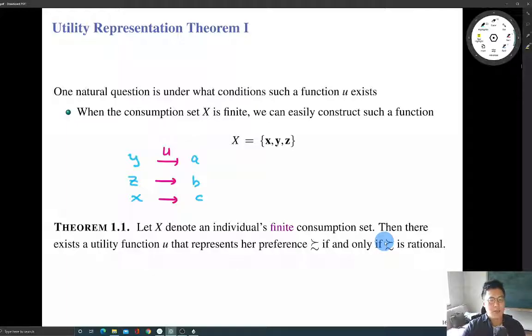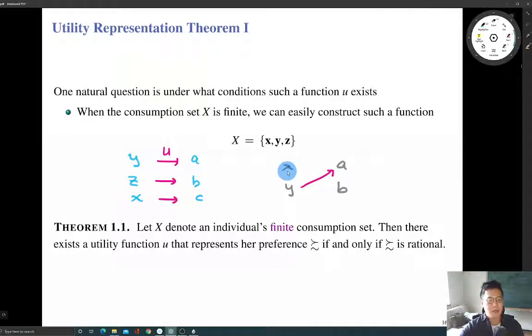That means given 2 bundles, say X and Y, the consumer can't tell which one is better, right? So although we have 2 numbers A and B, and we assign number A to bundle Y, the consumer resists assigning the left number B to bundle X, because he does not know which one is better, right?